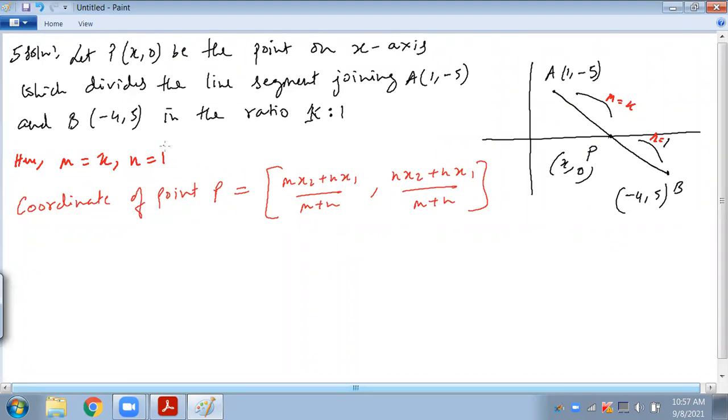It is not mandatory to write m equal to k, n equal to 1. If you don't write it, it's okay. I'm writing it for your understanding only.